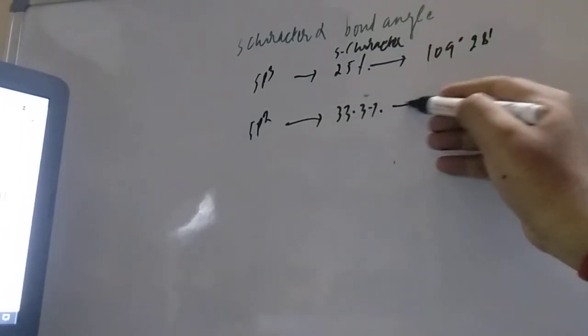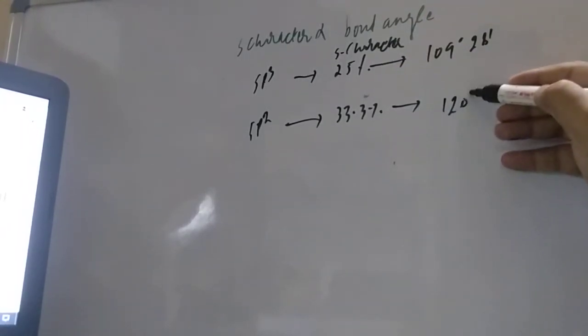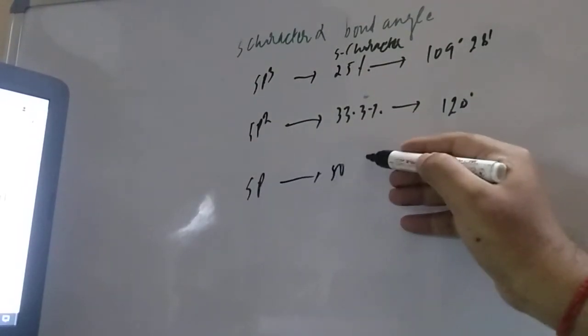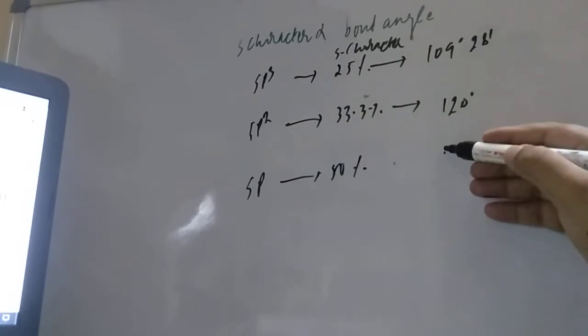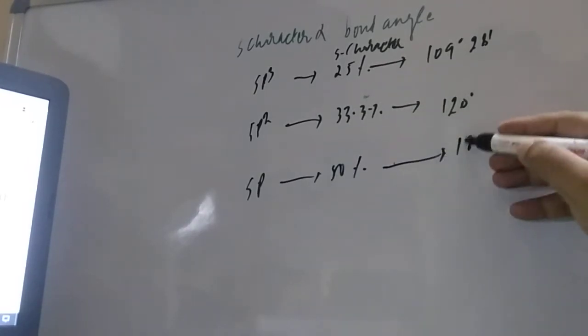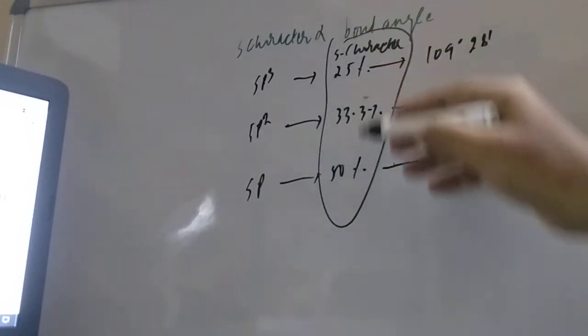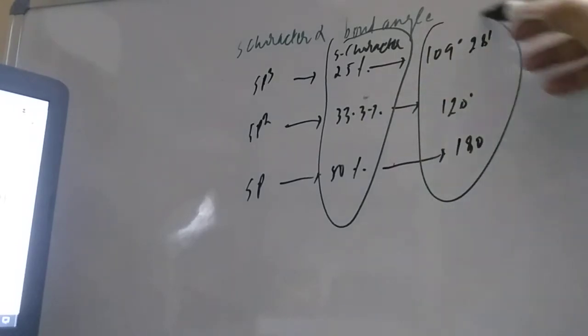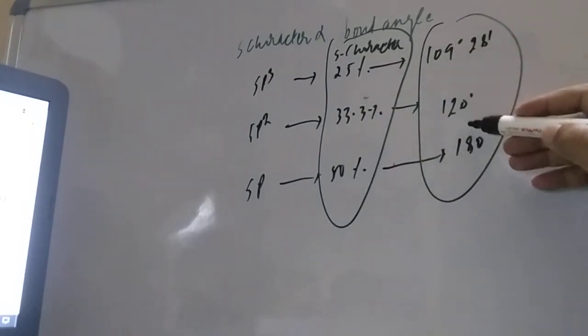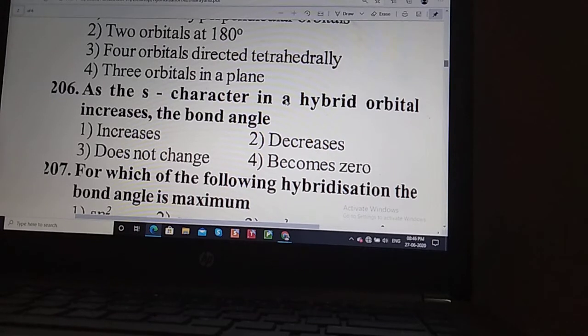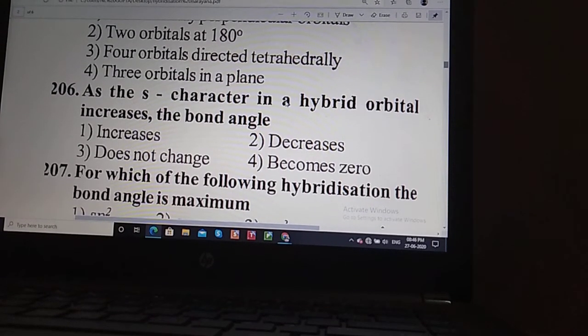The bond angle of sp2 is 120 degrees. Now if you talk about sp, there is 50% s character, and the bond angle is 180. So as the s character increases, check this line, student, the bond angle also increases: 109, 120, 180. So the correct option is option number 1, because when the s character increases, the bond angle also increases.